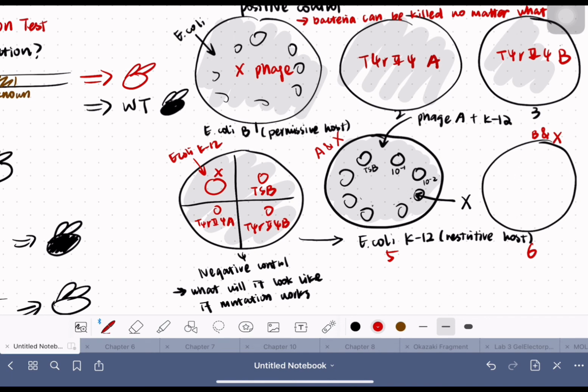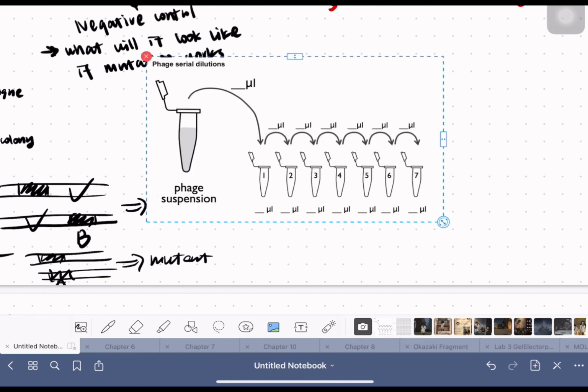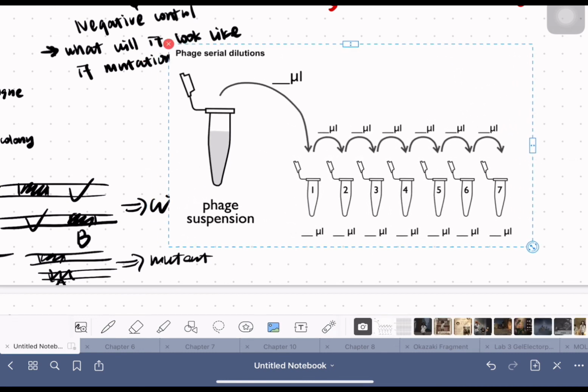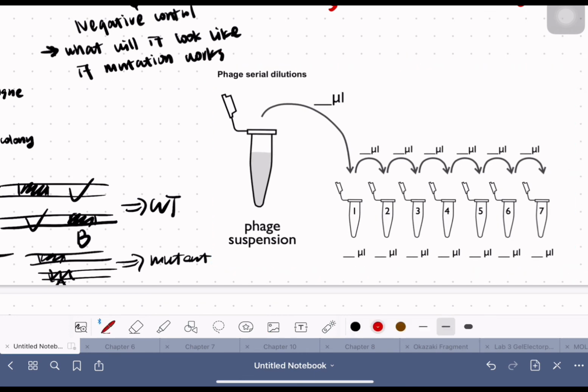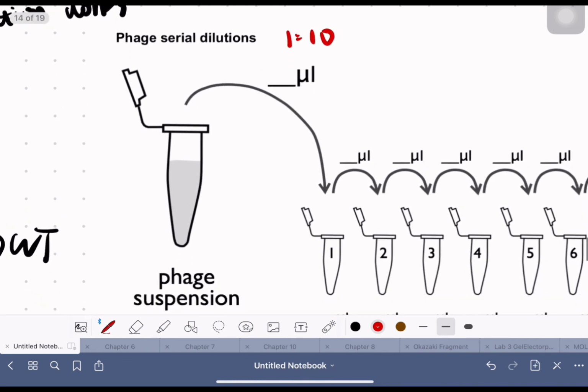Now, to get solutions with different phage concentration, you'll be doing a 1 to 10 serial dilution. So the 1 means your starting phage concentration, and the 10 indicates the phage concentration after dilution. You'll be provided with one little tube of each type of phage, and you'll start doing dilution with that.